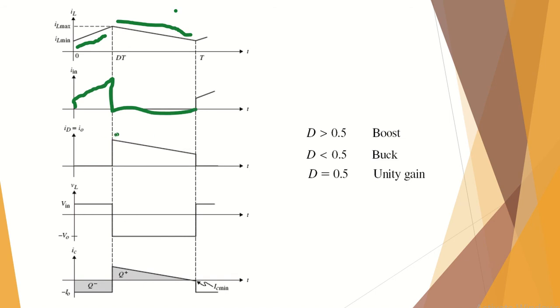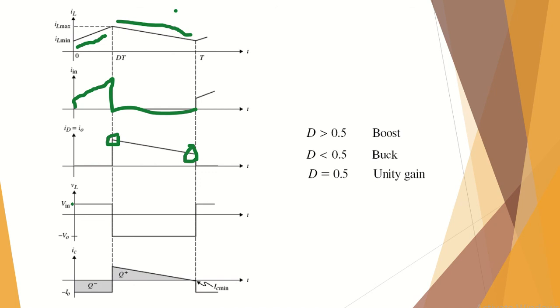And what is this point? Our inductor reverses its polarity. This is the IL maximum, the maximum value to which the inductor is charged, and this is our IL minimum.